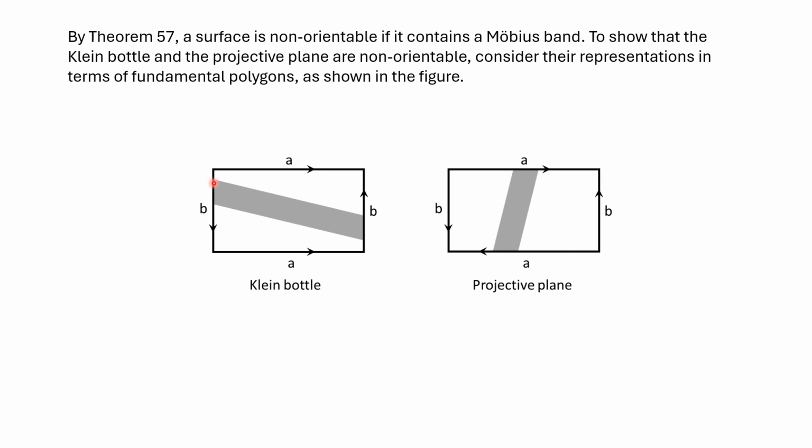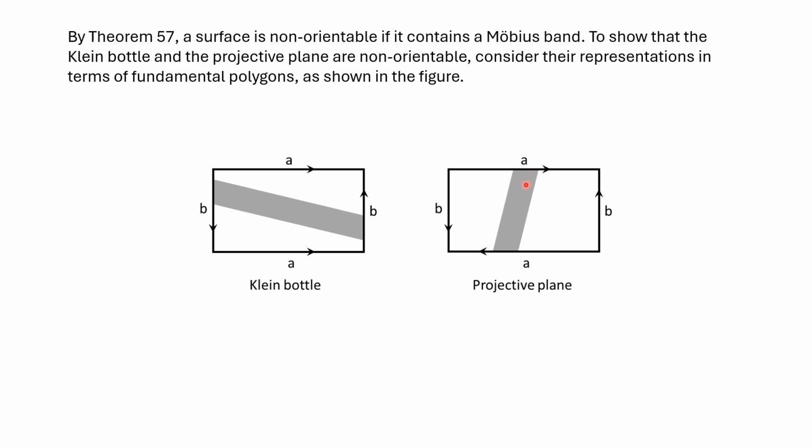And I've drawn this so that the points along here exactly meet the points along here when you do the half twist. So basically you're introducing a Mobius strip into the Klein bottle as you construct it, and that means from our earlier theorem 57 that it's non-orientable.